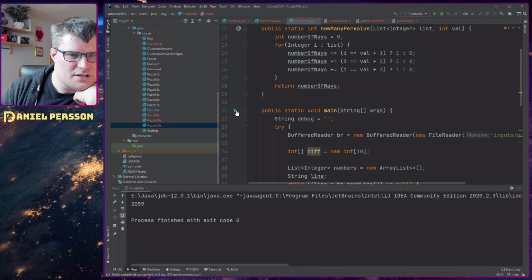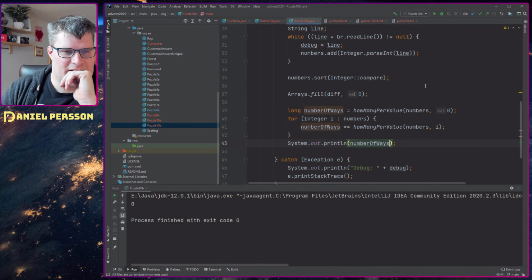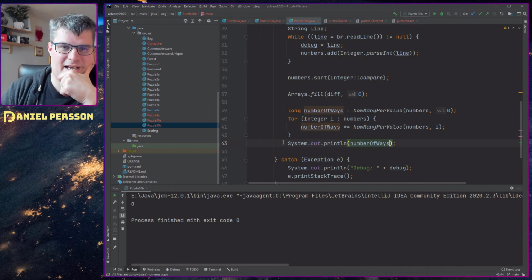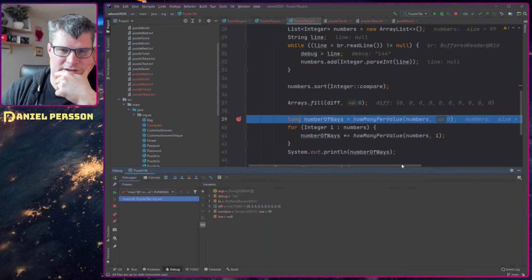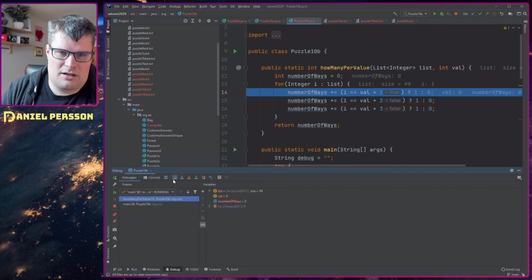So let's run this new example here. We get 0, so that's not the right one. So let's see here. If we go to the first value here, so we have the number 0, and value plus 1.